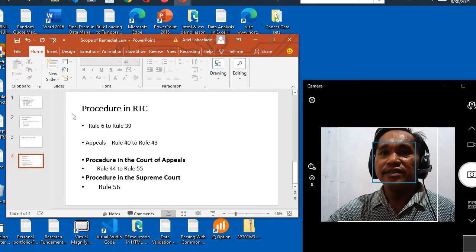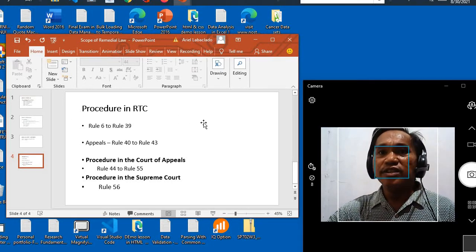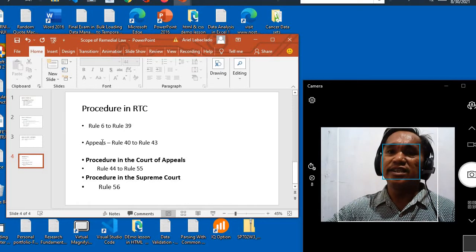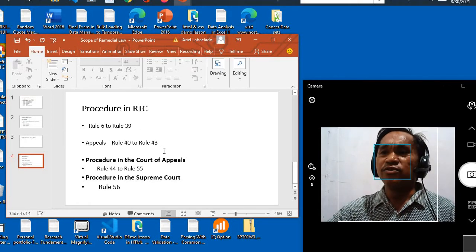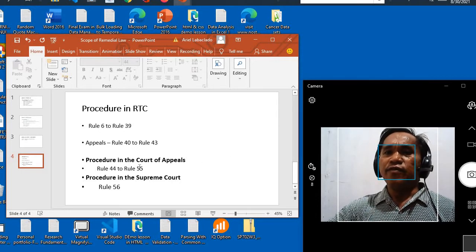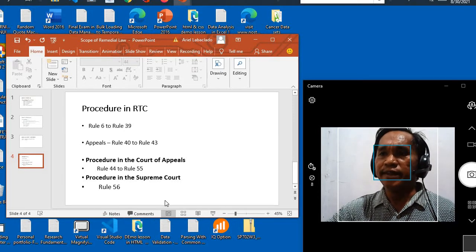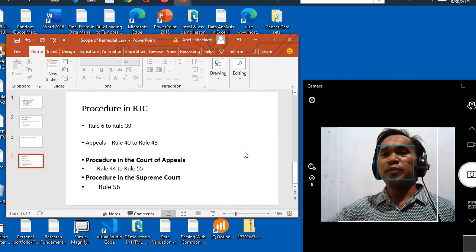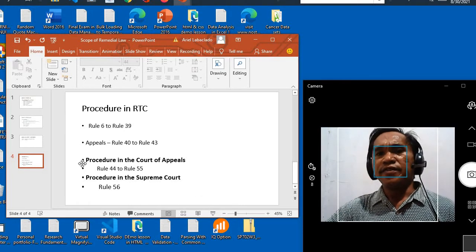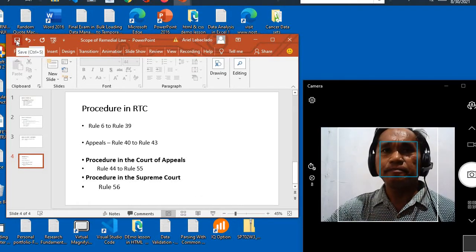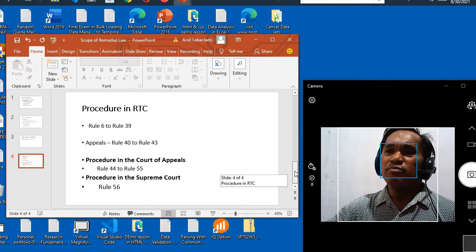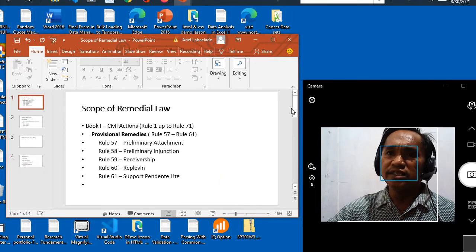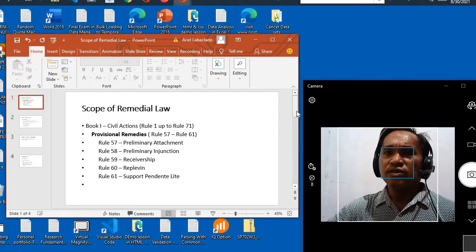So this pertains to the procedure in RTC, Rule 6 to Rule 39. For the appeals, Rule 40 to Rule 43. For the procedures in the Court of Appeals, Rule 44 to Rule 55. And for the procedure in the Supreme Court, it is Rule 56. As you can notice, only in Book 1 there are 71 rules already.